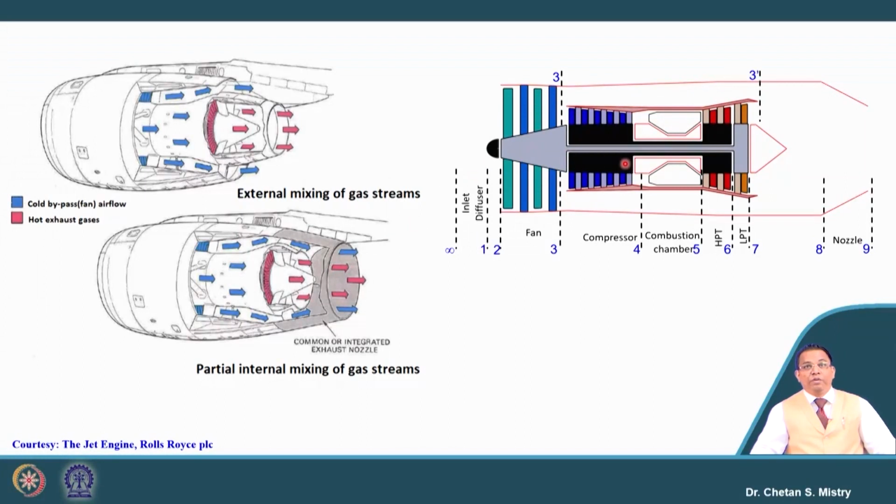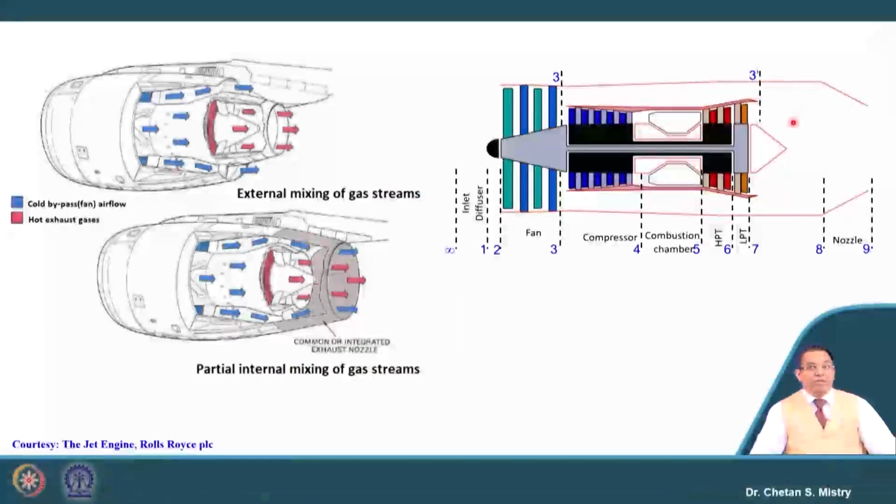Let us look at the meaning of that. This is my core engine, from where the exhaust comes out of the turbine, and at the same time I have the exit coming out from this bypass duct. They both come here and get mixed. So, we have mixing of the hot stream and cold stream.